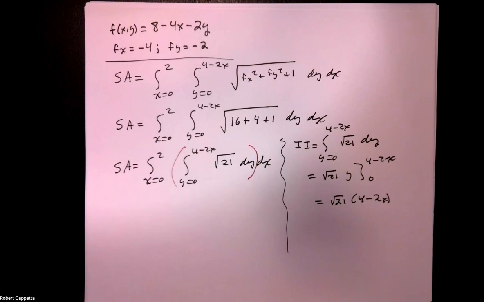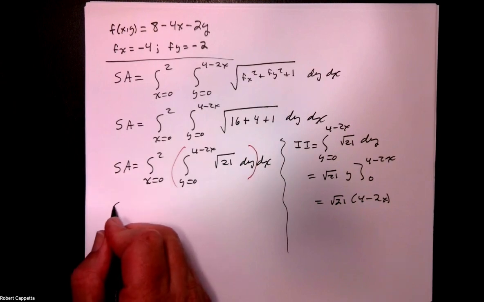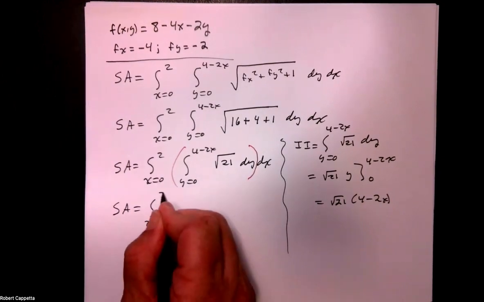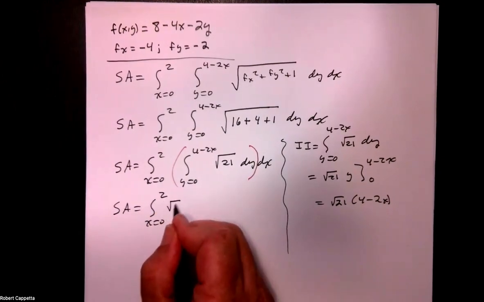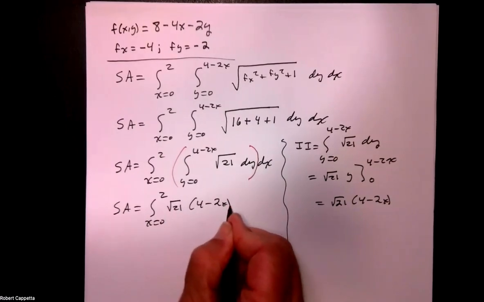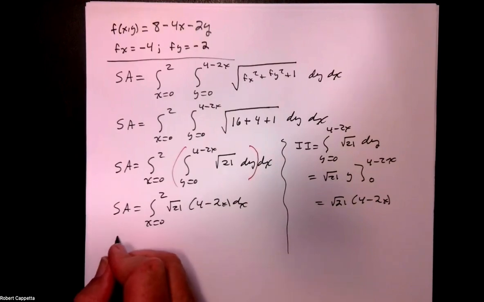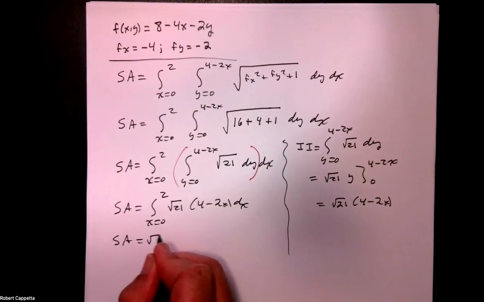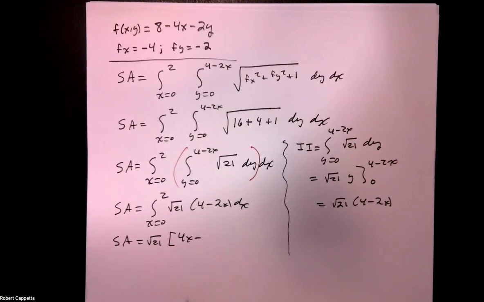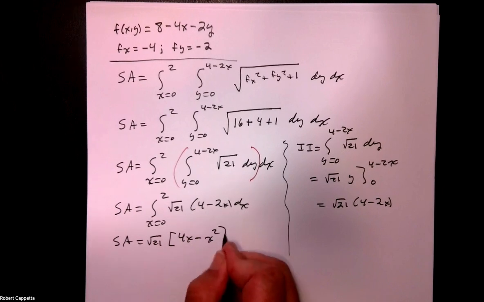So that's my inner integral, so I'll replace that here. So now I have SA, surface area, equals integral as x goes from 0 to 2 of root 21, 4 minus 2x. Pull the root 21 out in front. My antiderivative of 4 is 4x minus my antiderivative of 2x is x squared.